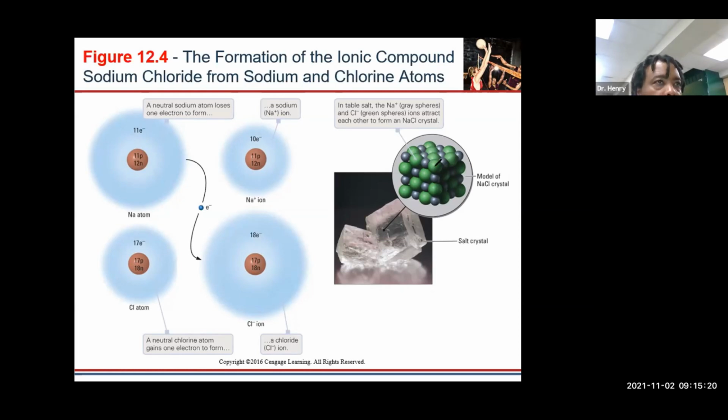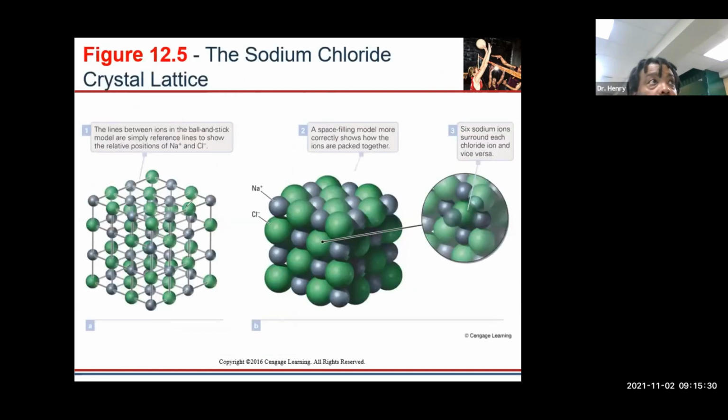Okay, and they form a nice crystal lattice. So this is basically a salt crystal. This is just showing you a different perspective of that lattice in a more organized fashion. So this is that ball and stick modeling, and this is the space filling model.